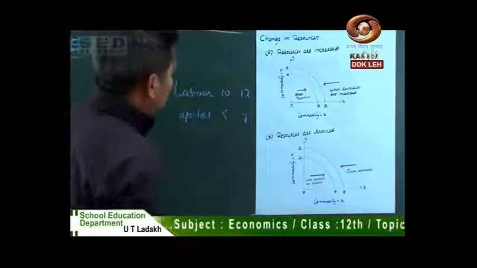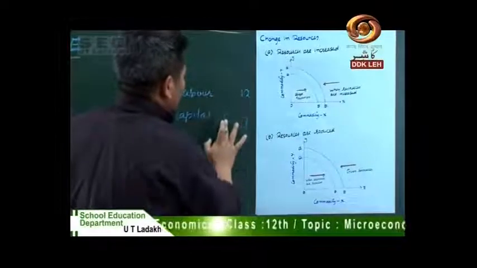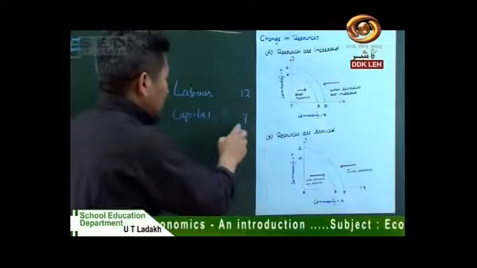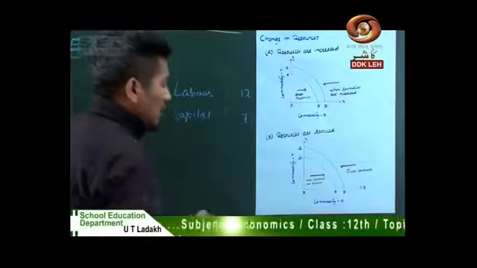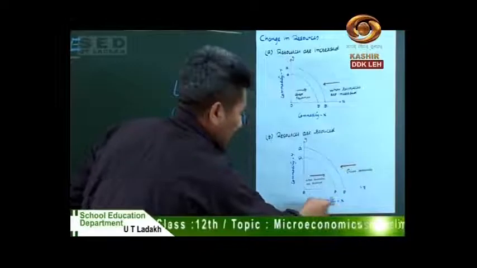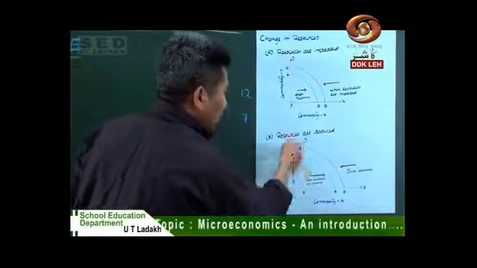Now say I have 12 labor and 7 capital. These are my resources. With this amount of resources I am able to produce OB amount of commodity X and OA amount of commodity Y.